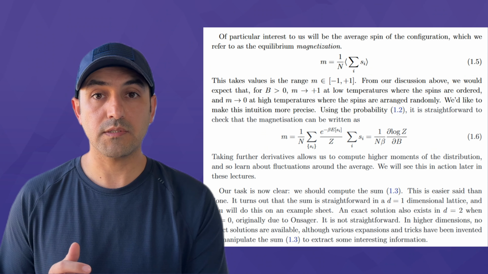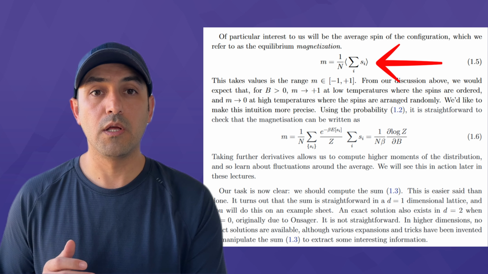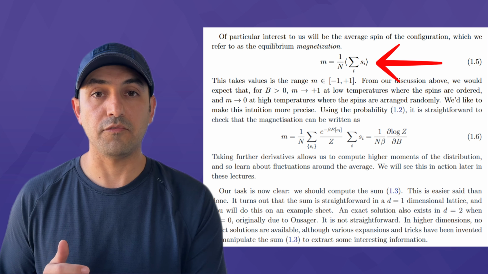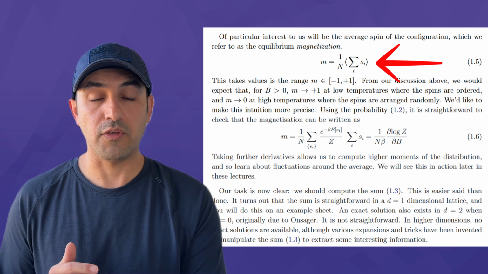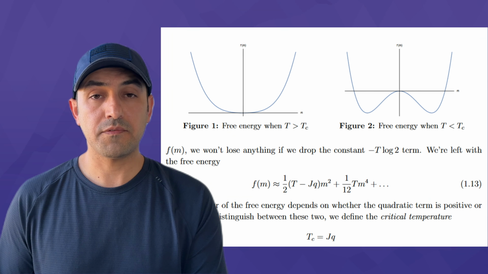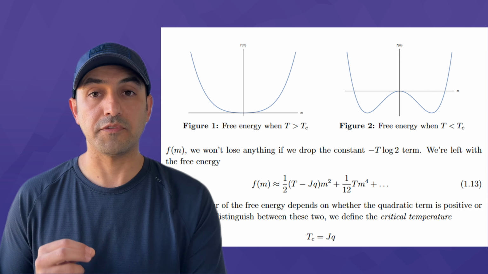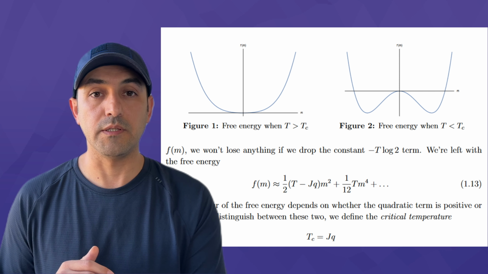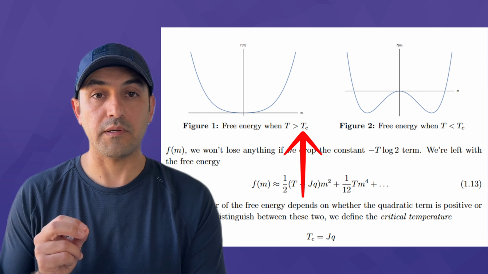Scrolling down the pages, the book describes the creation of a new variable called magnetization defined by this equation. In machine learning, this process of defining new variables is called feature engineering. This figure shows different landscapes of the probability in terms of spins, or neurons in the deep neural networks. As you can see, there is a critical temperature.